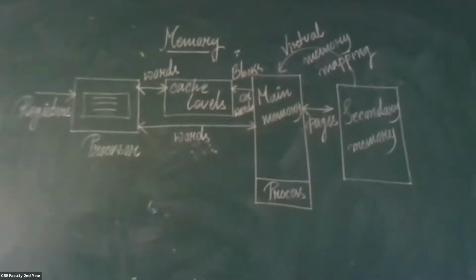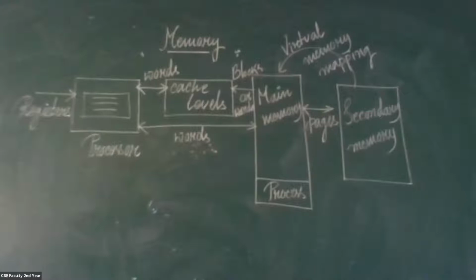Cache is a faster memory than the main memory. The speed of the CPU is quite high and it cannot match with the secondary memory or the main memory.